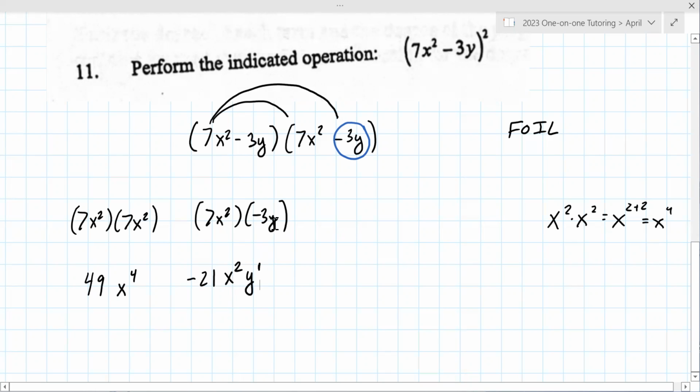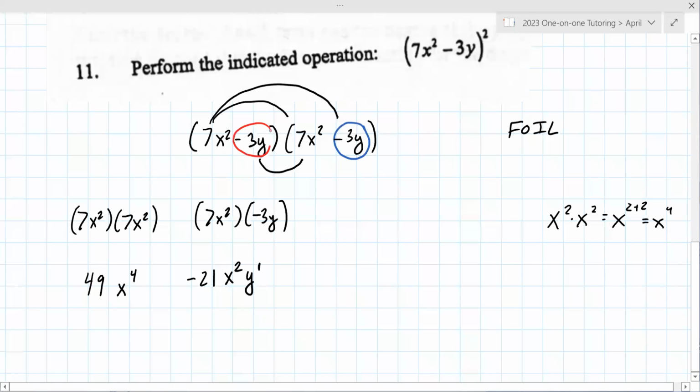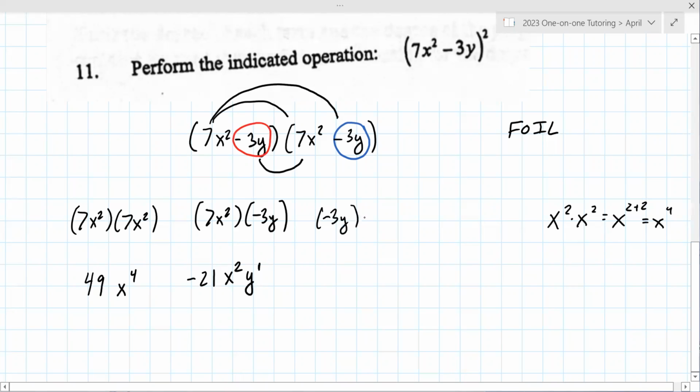All right. Then we do the I. And again, just like before, that negative goes with the 3y. So it becomes minus 3y times 7x squared, minus 21x squared y.